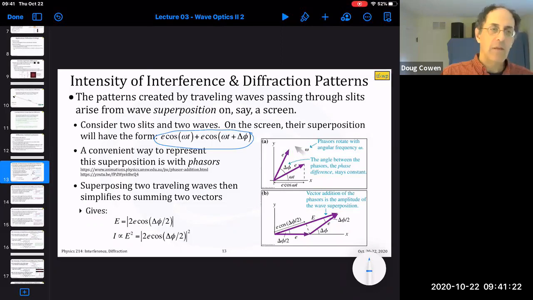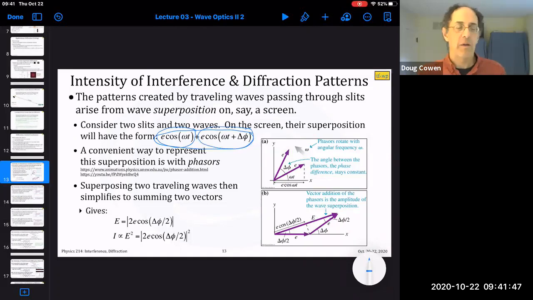A convenient way to represent this superposition is with something called phasors, and that's why there was that Star Trek reference earlier. What phasors allow you to do is represent the individual waves, E cosine omega t as one wave, and E cosine of omega t plus delta phi as another wave, as individual vectors.